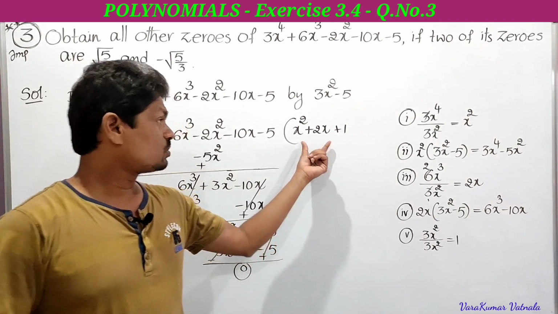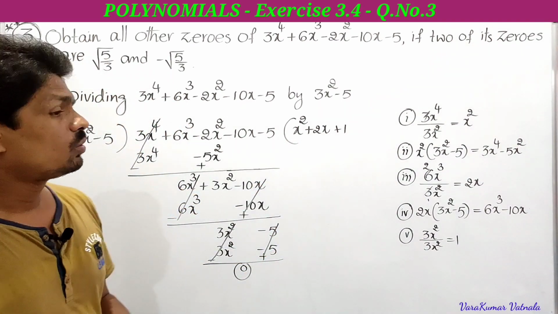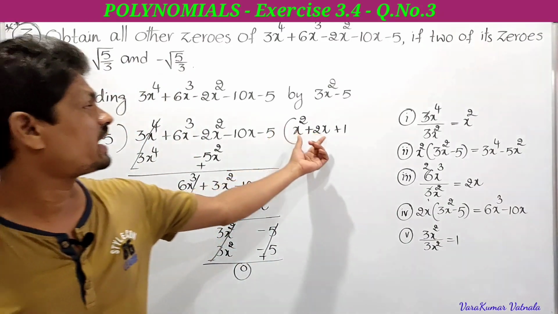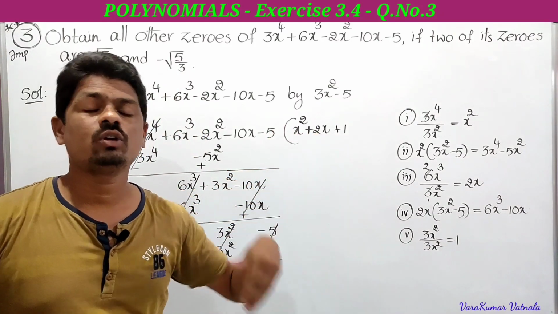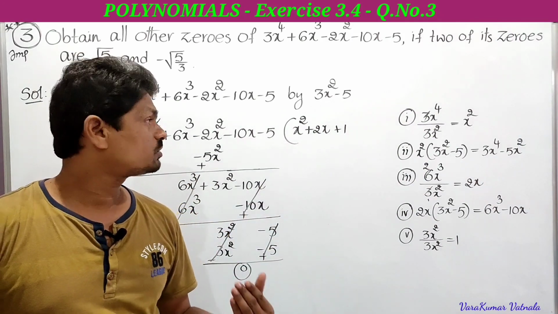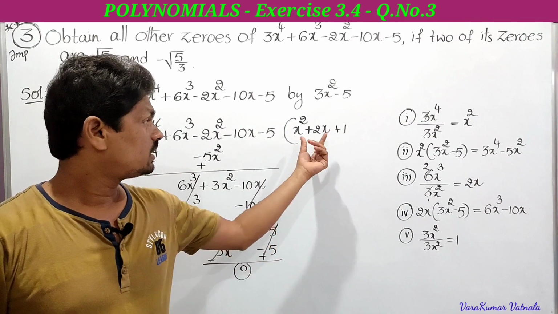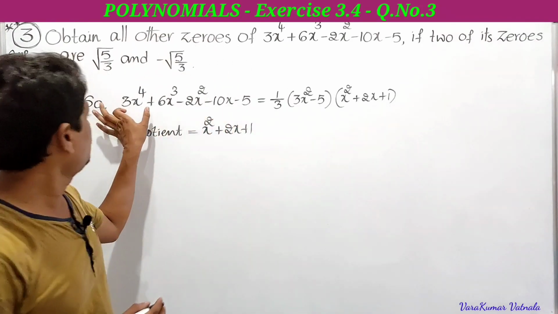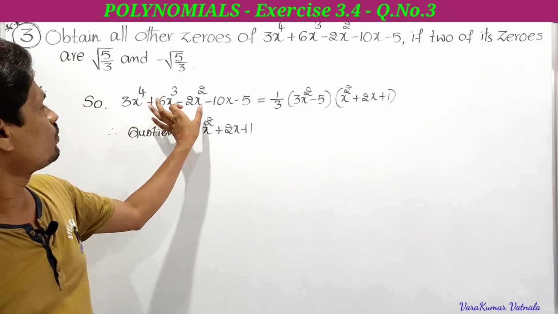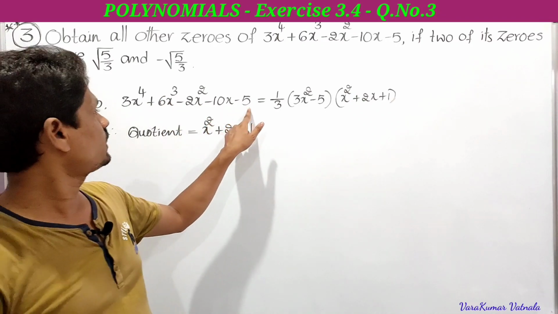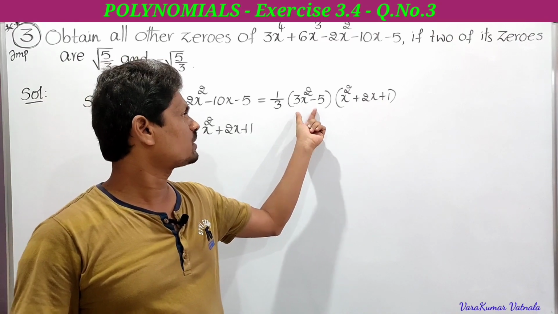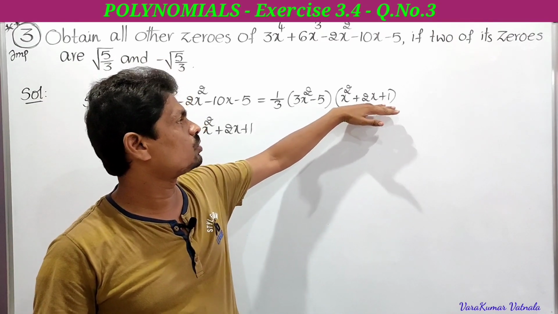So now x square plus 2x plus 1, we have the quotient. Now we have to find the factors of x square plus 2x plus 1. So the factors become the zeros of x square plus 2x plus 1. So 3x to the power 4 plus 6x cube minus 2x square minus 10x minus 5 is equal to 1 by 3 into 3x square minus 5 into x square plus 2x plus 1.